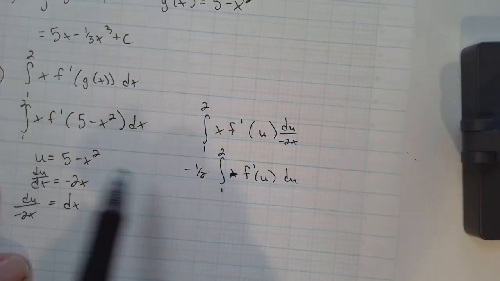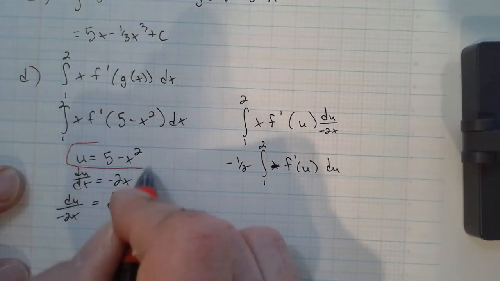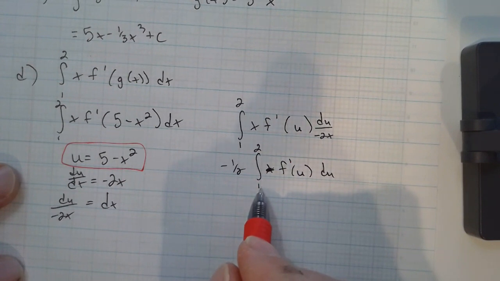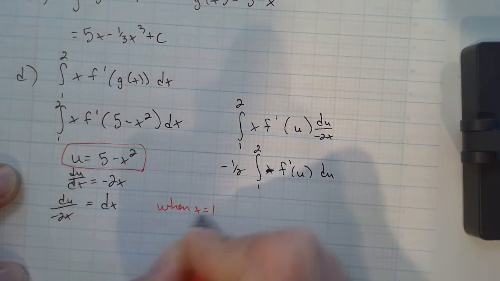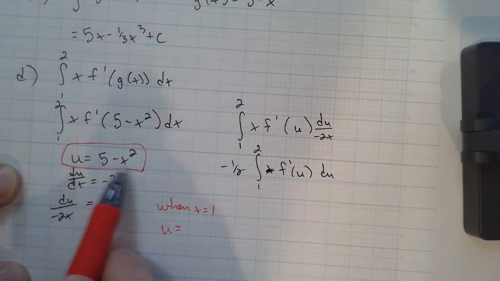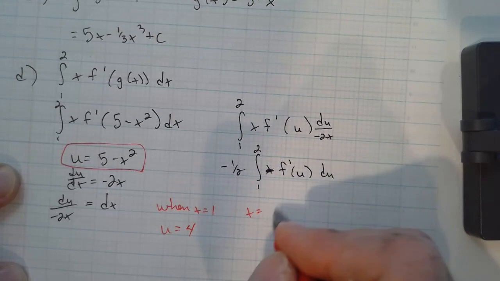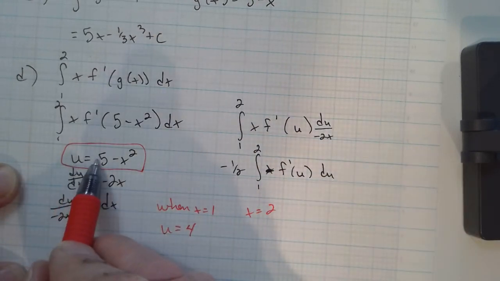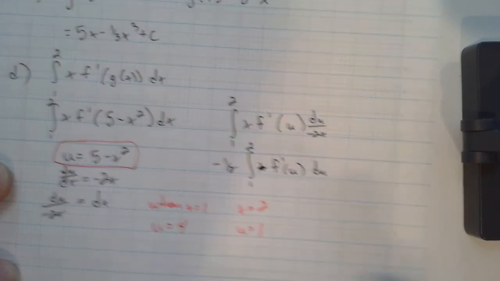So how are x and u related? u is equal to 5 minus x squared. So when x is 1, u is 5 minus 1 squared, so 4. And when x is 2, u is 5 minus 2 squared, so u would be 1.